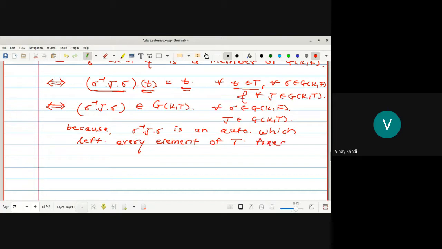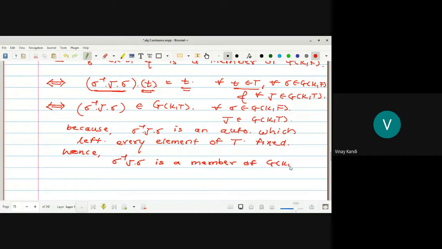Hence sigma inverse J sigma is a member of what? G(K/T). Hence sigma inverse J into sigma is a member of G(K/T).